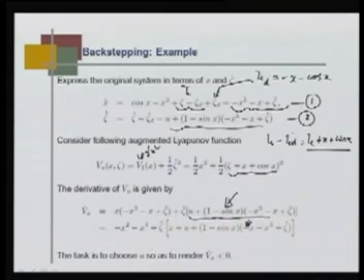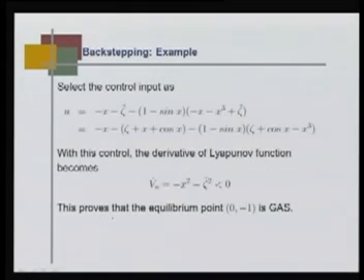So, I can make this quantity vanish if I select u to be minus x minus 1 minus sin x into minus x u plus xi tilde. Then V a dot is minus x square minus x 4, that guarantees global stability.